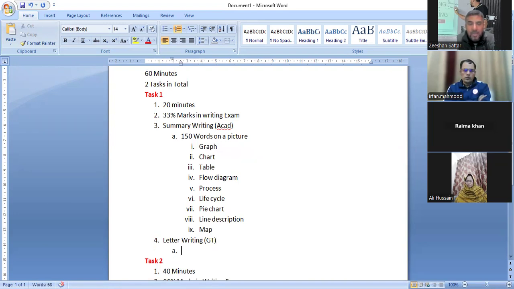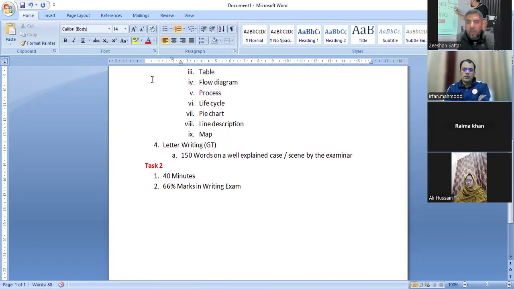What is letter writing? The students have to write 150 words on a well-explained case or a well-explained scene by the examiner.